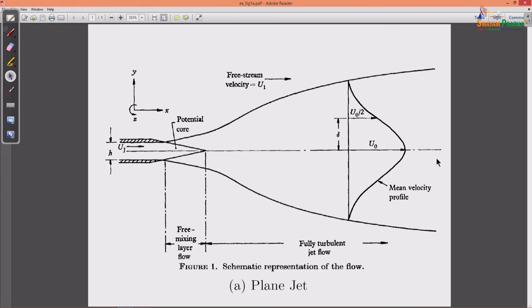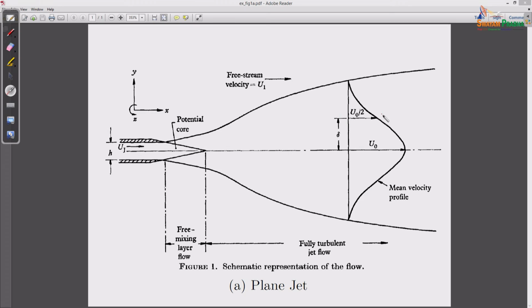Two things here. First, what will happen to u naught, the central line velocity? Will u naught decrease or increase when I'm before this location and when I'm after this location? And the next question is about this location delta where the velocity is half the central line velocity.